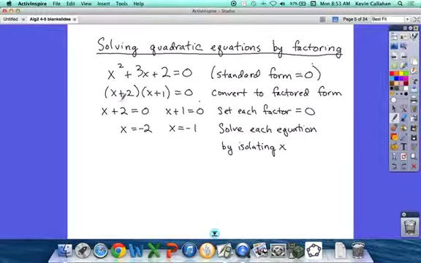So just set each factor equal to 0. Set x plus 2 equals 0 and set x plus 1 equals 0. And those are equations where you can isolate the x. So you do. In this case, subtract 2. In this case, subtract 1.